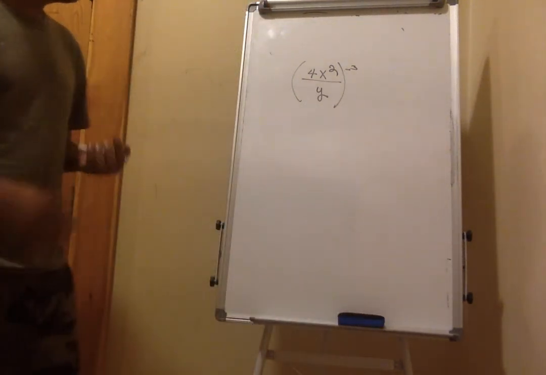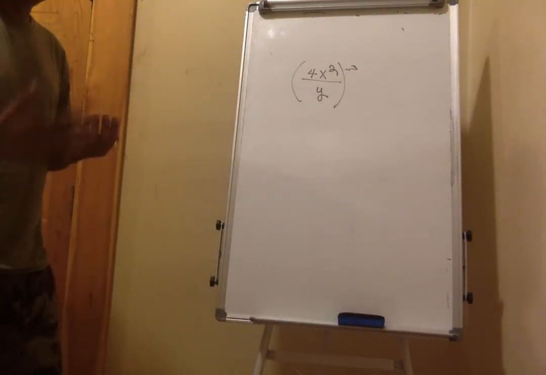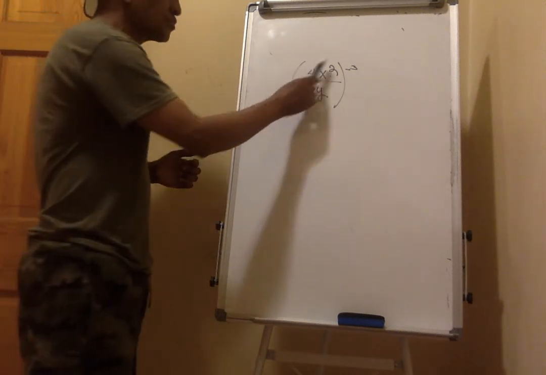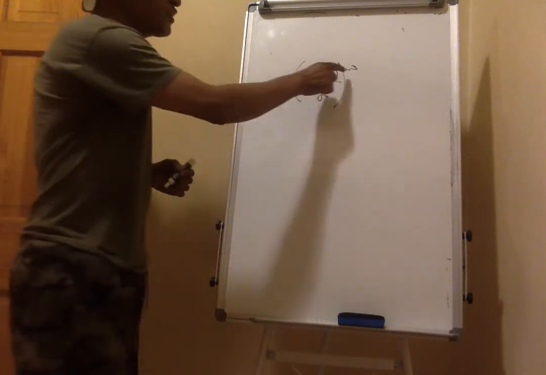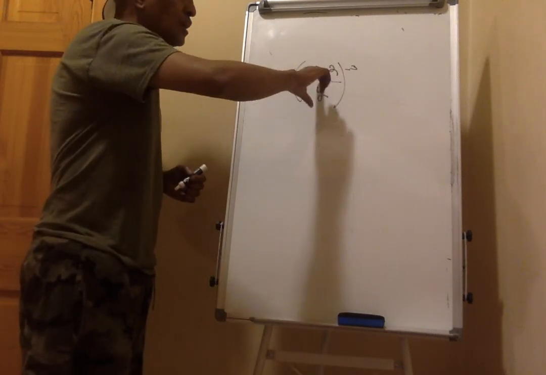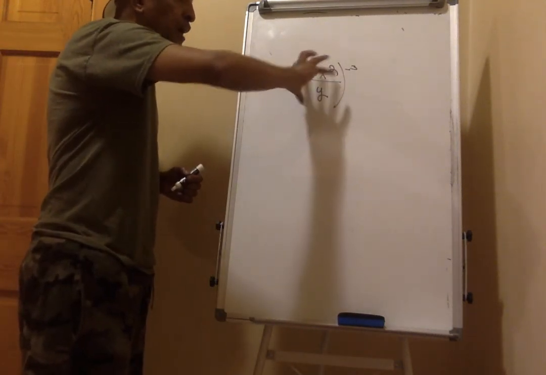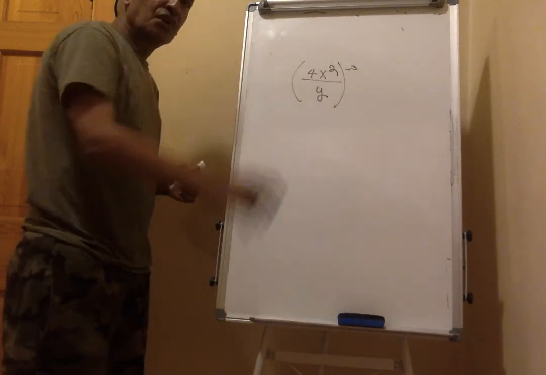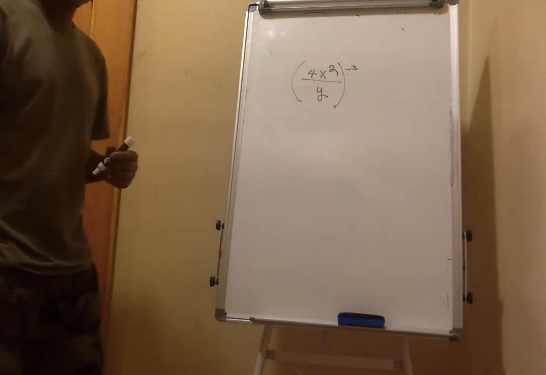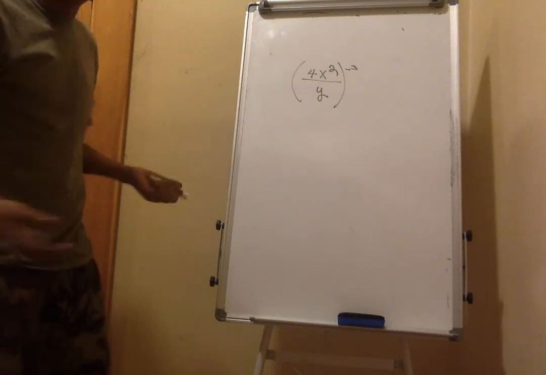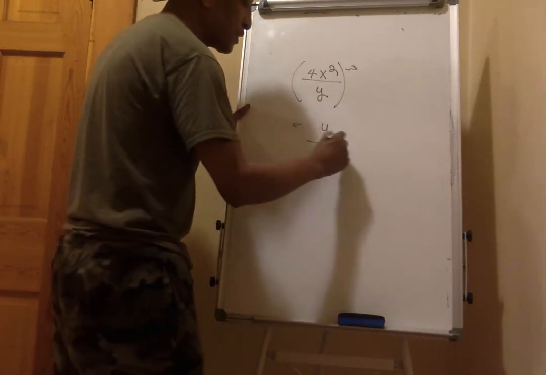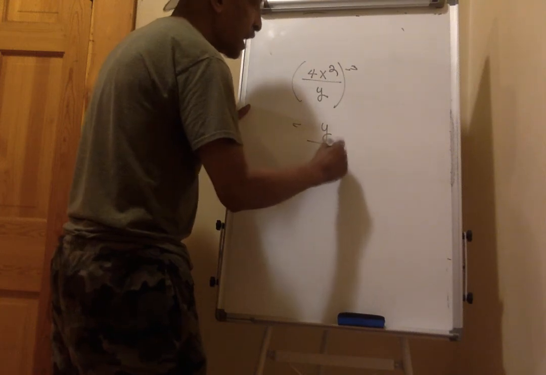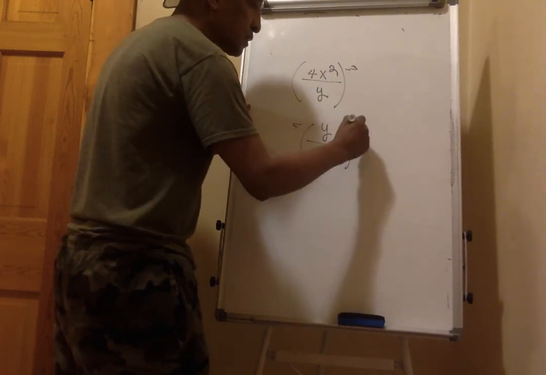So you can do two ways. You can distribute the negative 3, or, because it is a negative exponent, you take everything inside the parentheses and just turn it upside down. So meaning what? Find the inverse of 4x squared over y, which is y over 4x squared, and this makes the exponent positive 3.